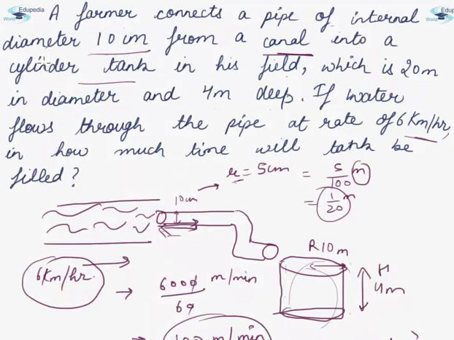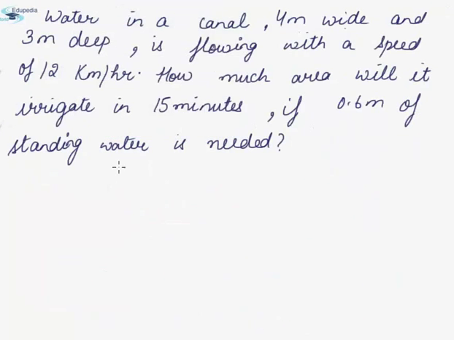Now let us move on to another question. In this question, we have water in a canal 4 meter wide and 3 meter deep, flowing with a speed of 12 km per hour. That is, we are having a canal.